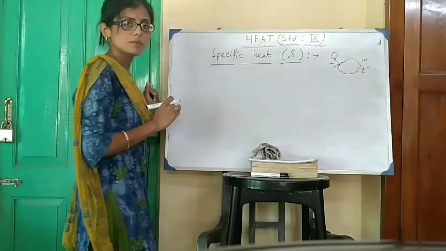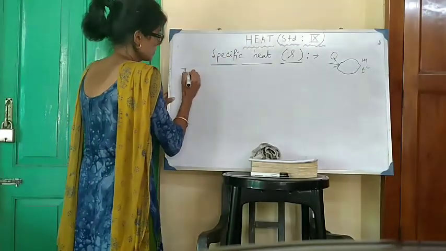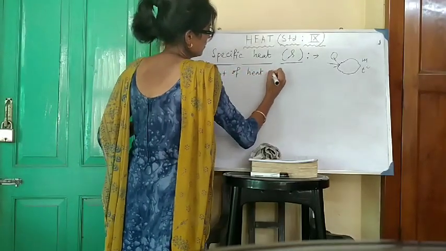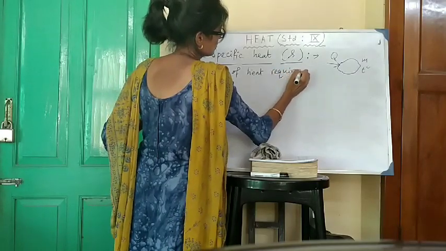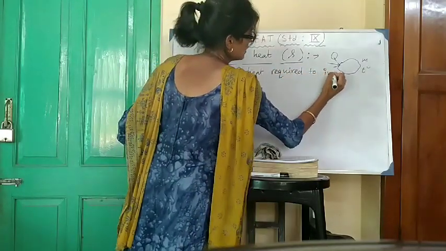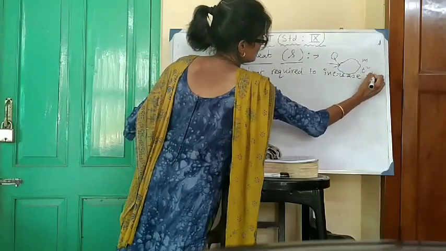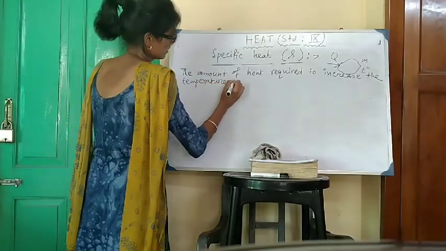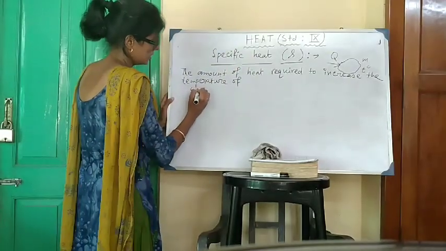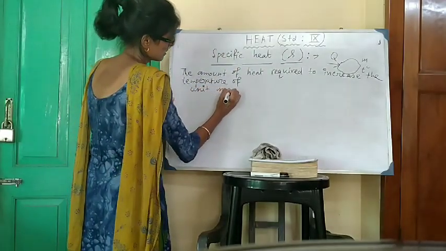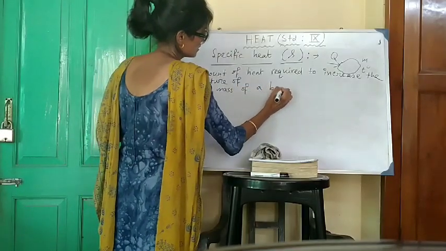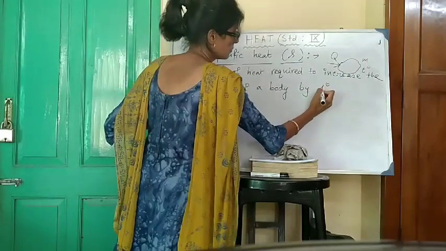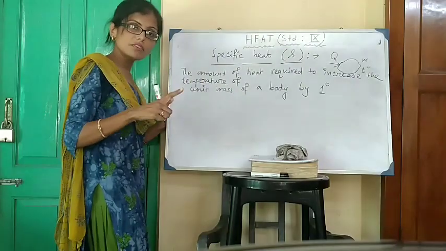So from the definition of specific heat we can write: the amount of heat required to increase the temperature of unit mass of a body by 1 degree is known as the specific heat of the body.